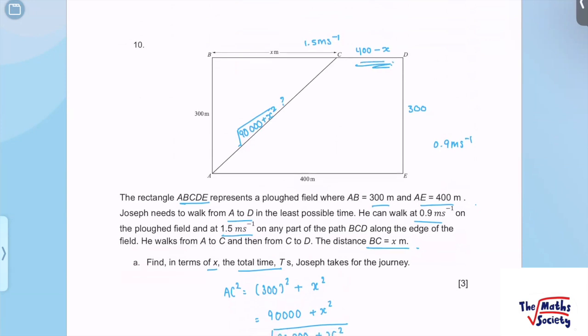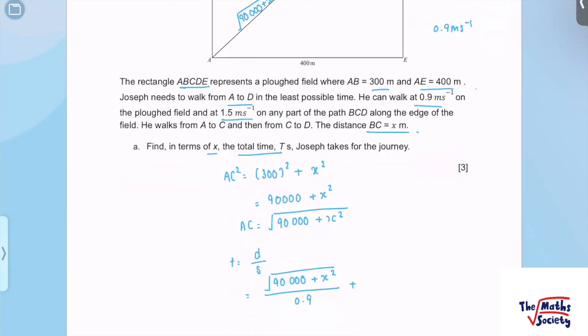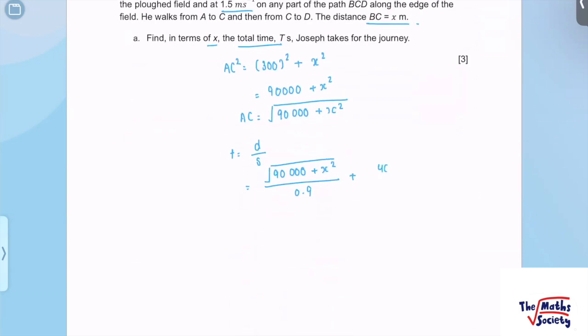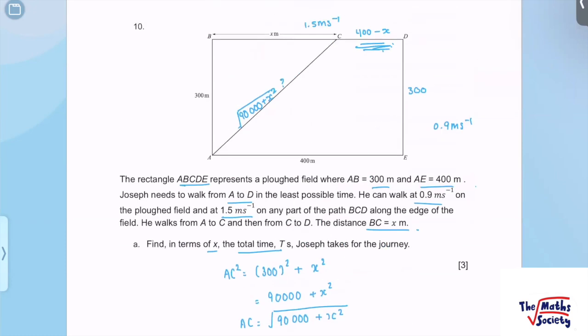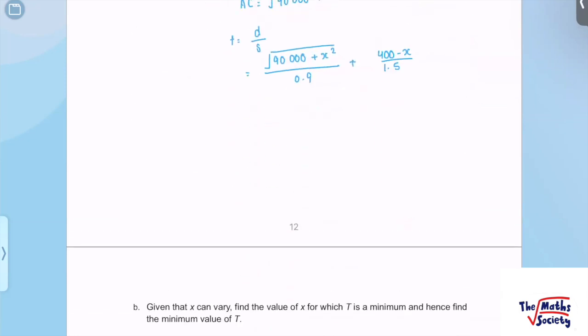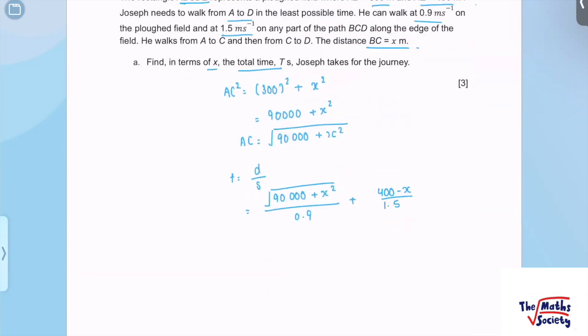He can only walk 1.5 meters per second, right? So it's going to be 400 minus x divided by 1.5, because we need to find from A to D, where he'll be walking from A to C and C to D. So that's going to be the total time T that he's going to take for this journey.